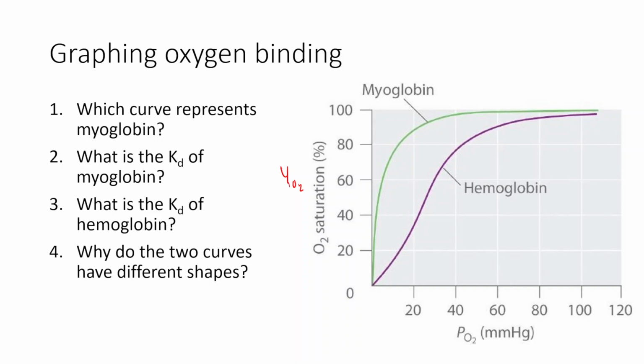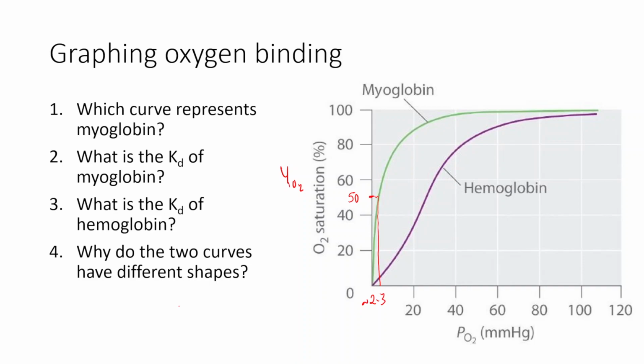At 50% saturation, we can draw a horizontal line over to our curve and then drop a vertical line down. The pressure at which you get 50% fractional saturation is the KD. So for myoglobin, it's about 2 or 3. It's a little under 5.